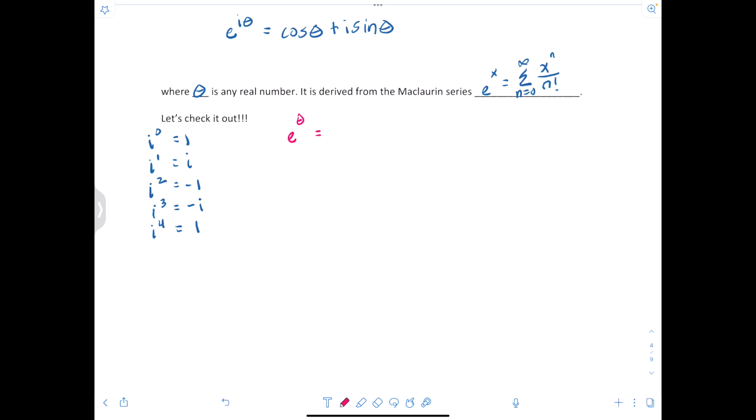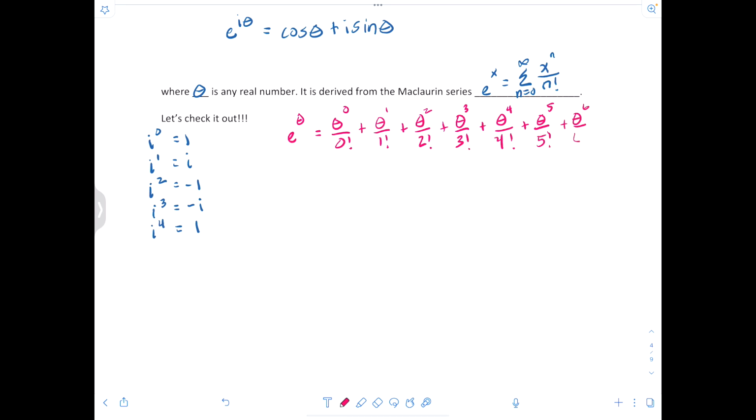So e to the theta would be theta to the 0 over 0 factorial plus theta to the 1 over 1 factorial plus theta squared over 2 factorial plus theta cubed over 3 factorial plus theta to the 4th over 4 factorial, and theta to the 5th over 5 factorial, theta to the 6th over 6 factorial, plus ... Now, what is that?